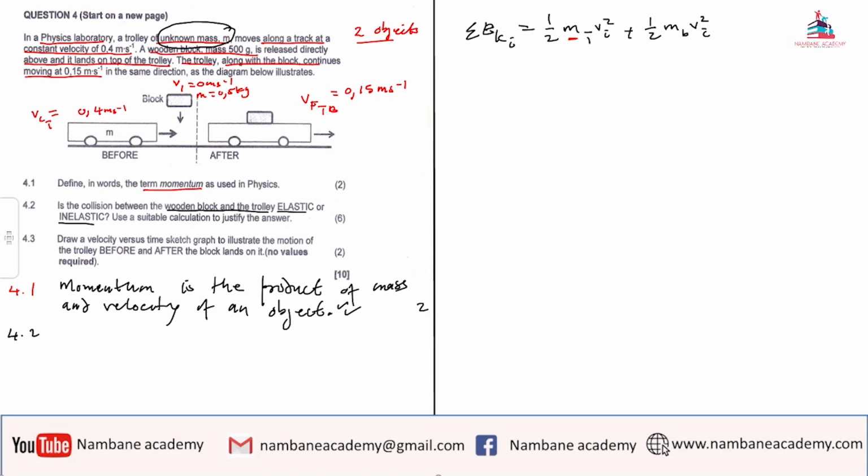Then it means, what must I do? I must maybe use conservation of linear momentum. And why? Because I said it there, Bonolo and Lwandle, that I have two objects. So the chances of me using conservation of linear momentum are very, very high.